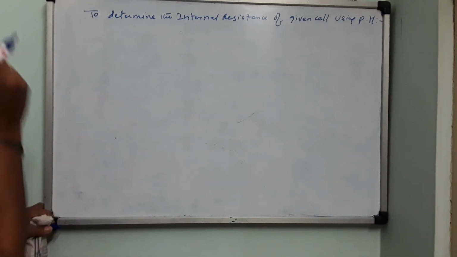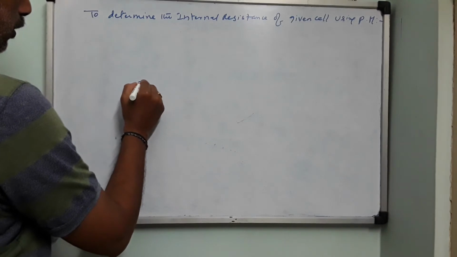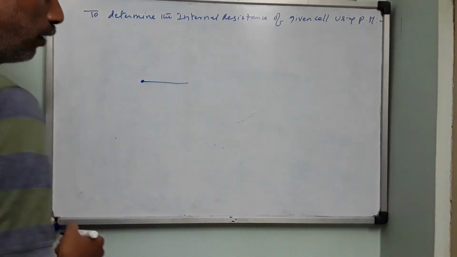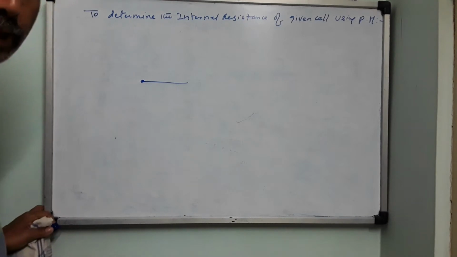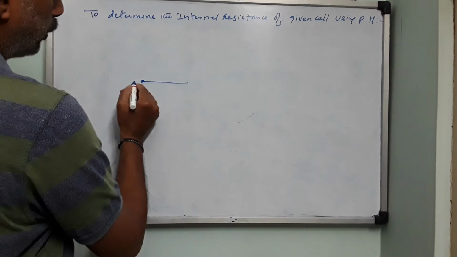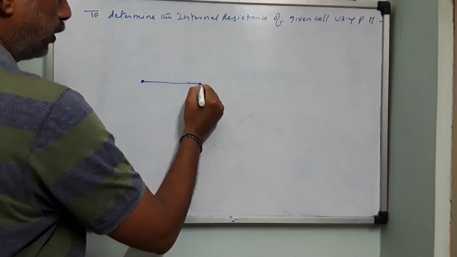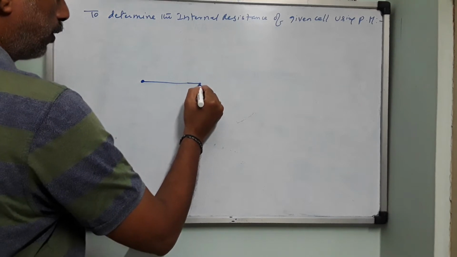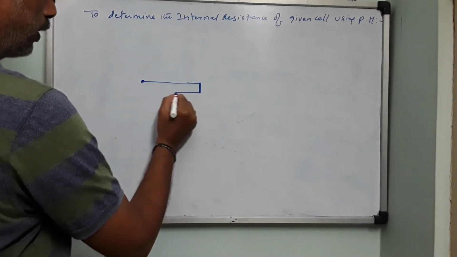Fine. Now let us draw the circuit. Here is point A, the wire. Let us take only a 4 meter long potentiometer wire, as our potentiometer in the lab has only 4 meter. This is a 1 meter stretch. Here there is a metal strip, and from here 101 centimeter will begin.